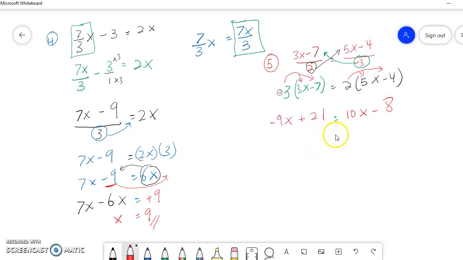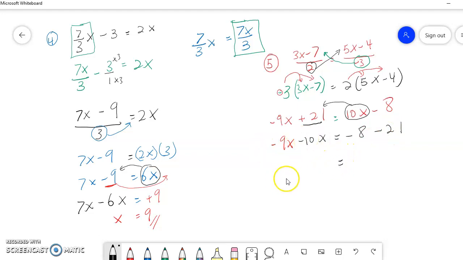Gather the x at one side. You get negative x. Now we have 10x here, we move it to the opposite side, and it becomes minus 10x. And this number, positive 21, we move to the opposite side, and it becomes minus 21.